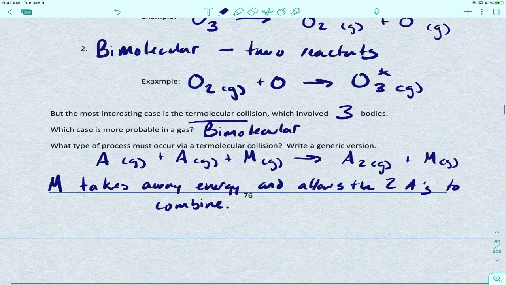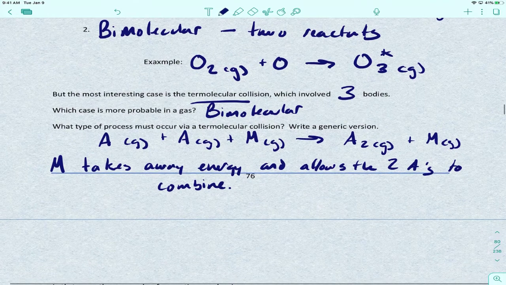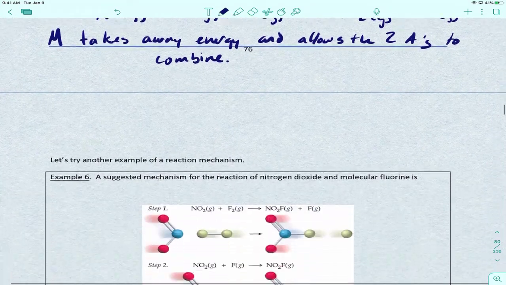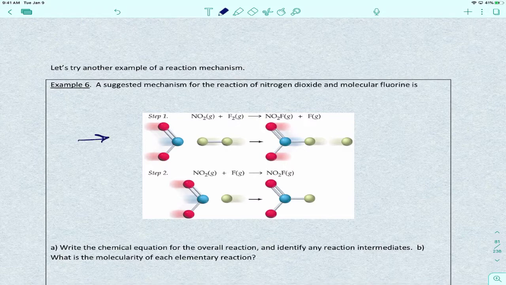All right. So that being said, let's try another mechanism just to get our feet wet, see how this works. So here's an example. A suggested mechanism for the reaction of nitrogen dioxide and molecular fluorine is this. So it's a two-step process. In step one, it's bimolecular because you've got NO2 and you've got F2, and they combine to form NO2F and then you've got a fluorine by itself.